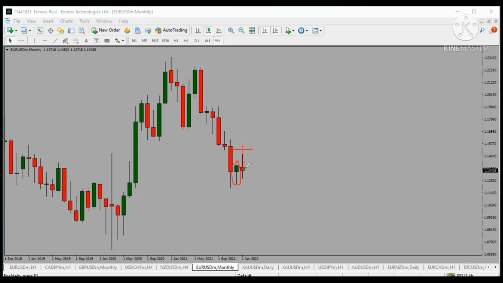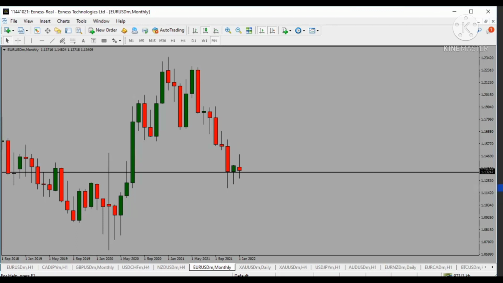To me, let me be honest with you guys, what I'm expecting is that this new candle, which is red here, will not close below this price, 1.1324.